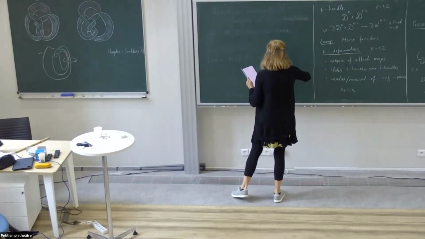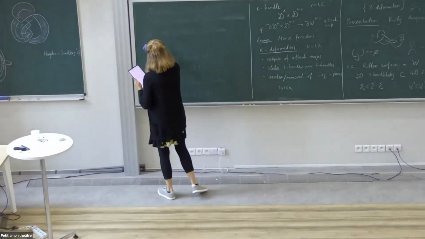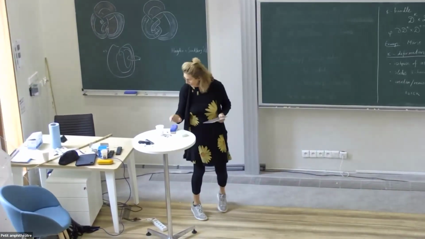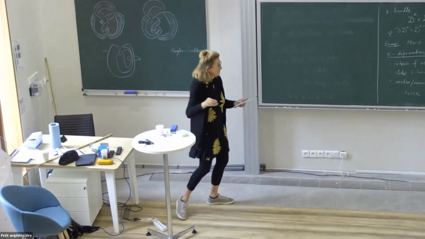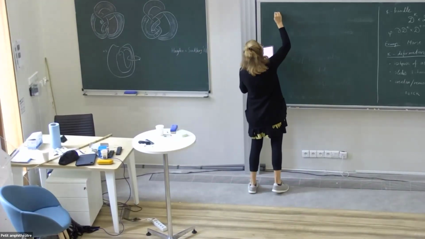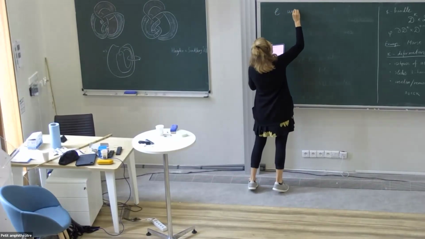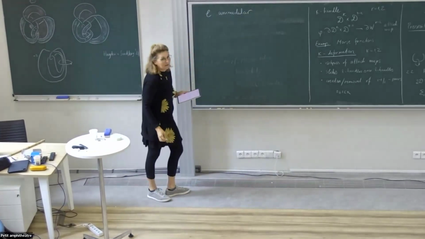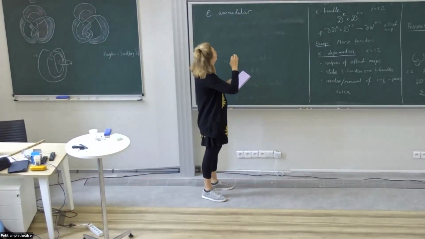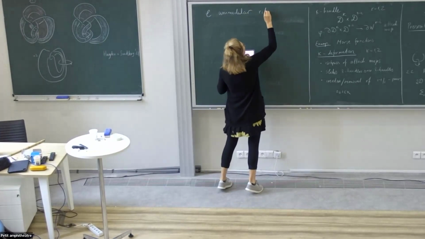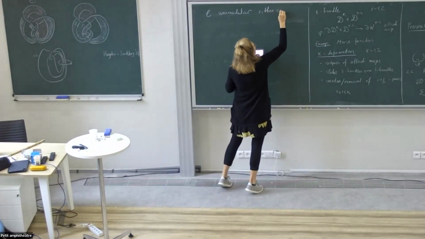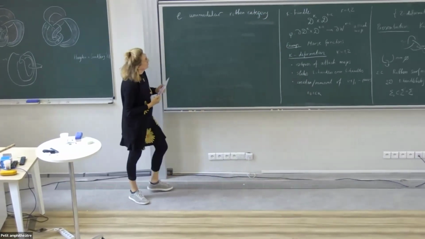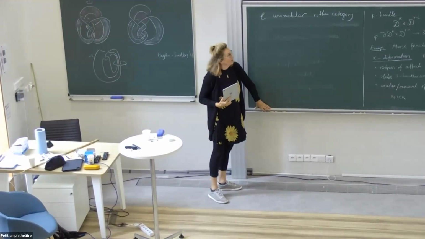Now clearly I would like to construct invariants of these pairs, which don't change under these moves. And for this, you start with a unimodular even category. So this means a braided modular category with additional structure.